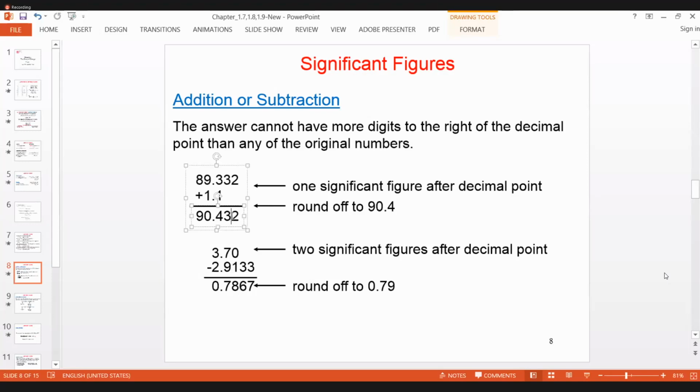But if the third place were less than 5, you would remove it from the answer. Here you have to remove 6 and 7, but add 1 to the digit before 6, so now this becomes 9. So the answer is 0.79. All right, is it clear now?